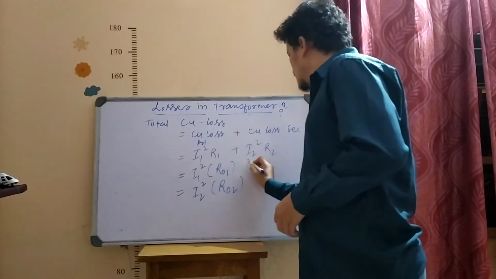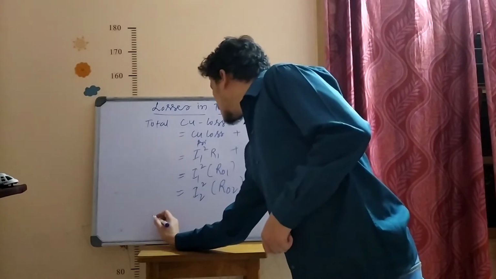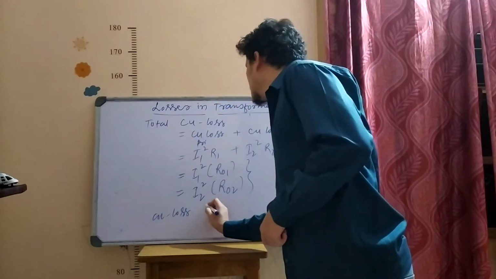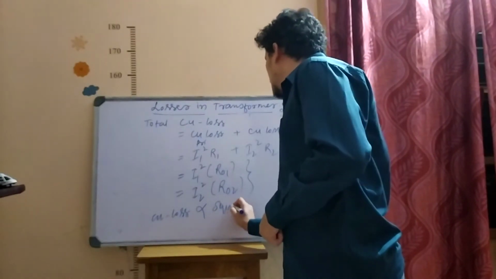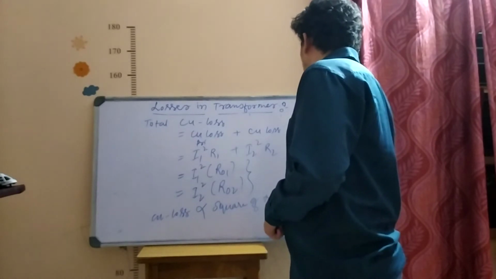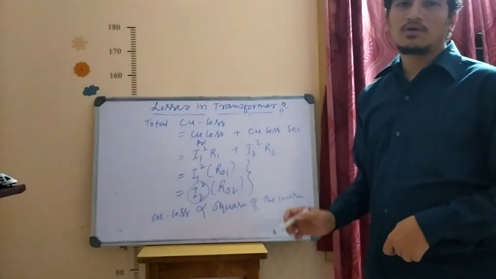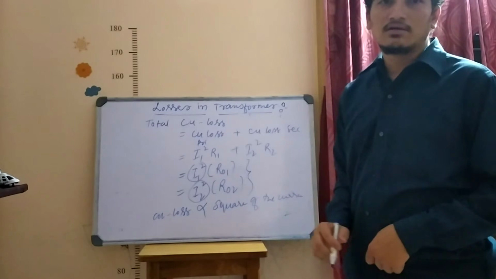From this, you can draw an important inference: the copper loss of a transformer is directly proportional to the square of the current. I2 square means the load current, and I1 square means the primary current.